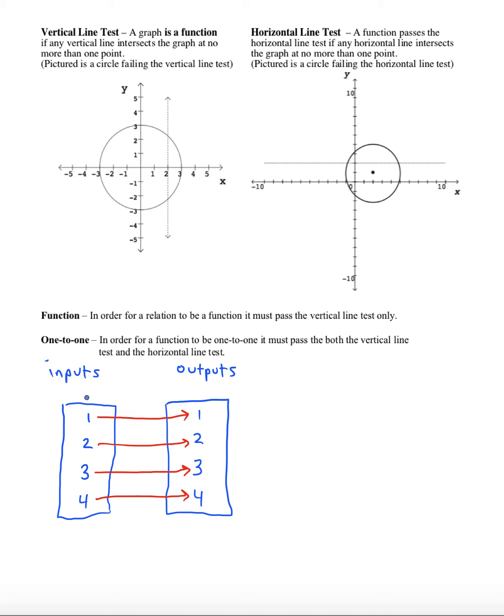The letter that goes along with inputs is x, and the symbol that goes along with outputs, in function notation, is f of x. So the rule that's being followed here is f of x equals x. Every output equals the input.